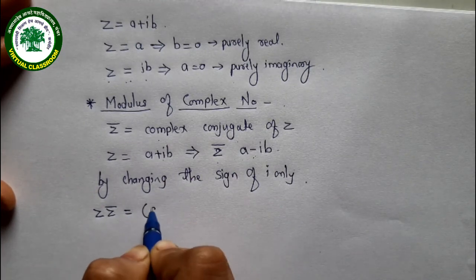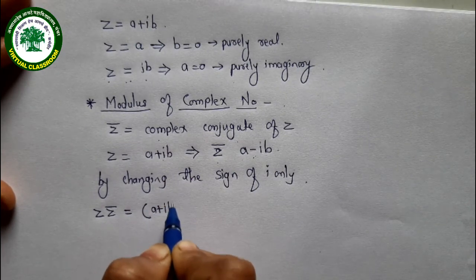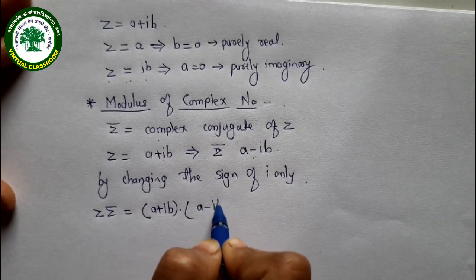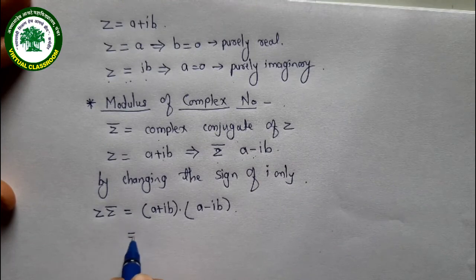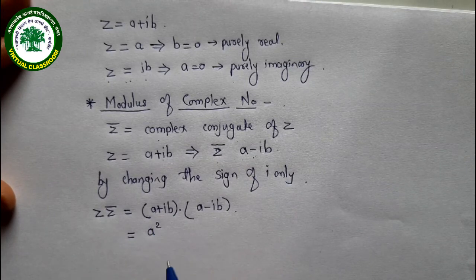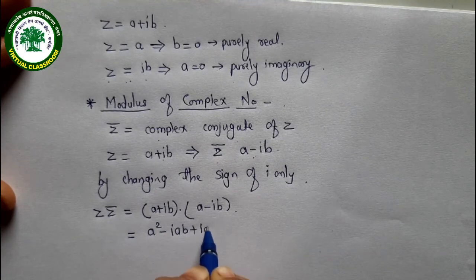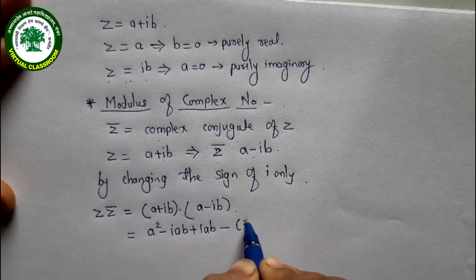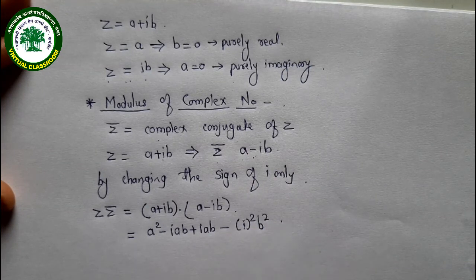Here z is replaced by a plus ib, multiplied by z bar, which is a minus ib. Let us do the multiplication of each term. a into a gives us a squared. Minus i is common, so we get minus iab plus iab, and minus i squared b squared.